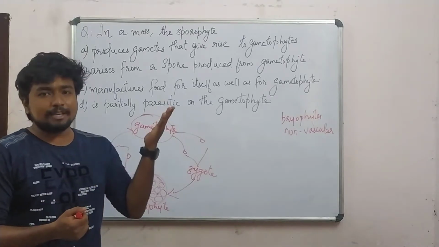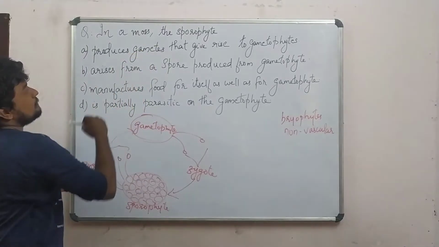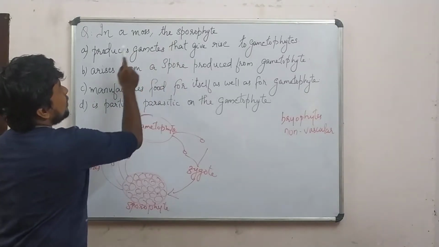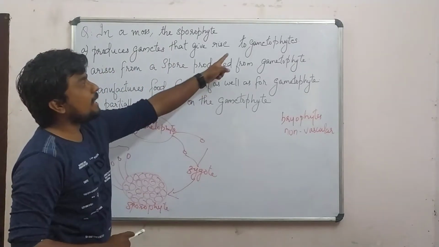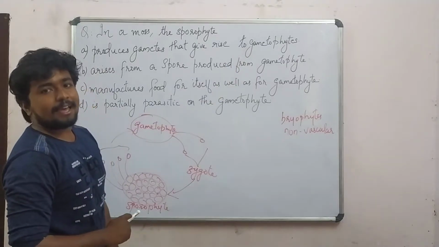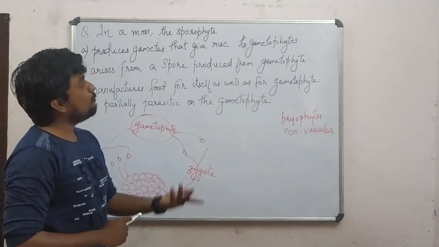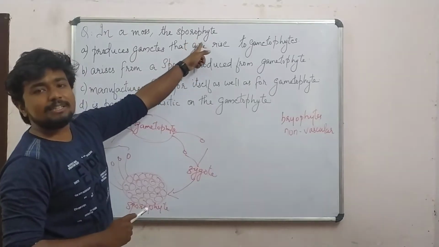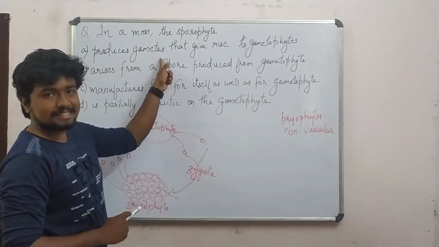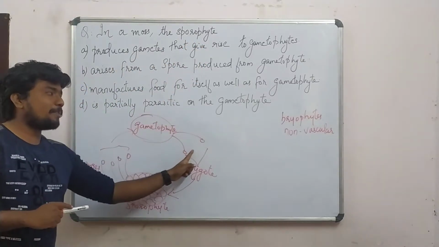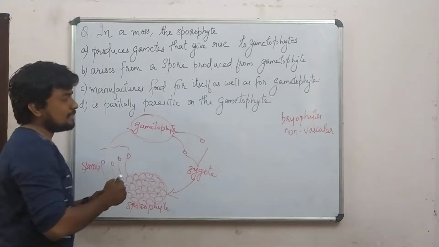So now let's look into the options. The first option, the sporophyte produces gametes that give rise to the gametophyte, we know is wrong. Why? Because it is not the sporophyte that produces gametes. It is the gametophyte that produces the gametes, right?